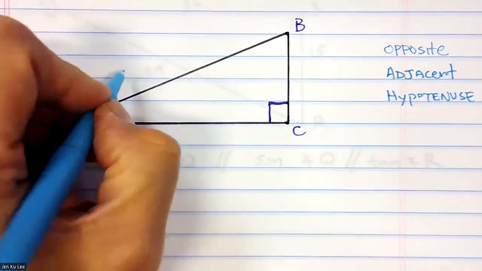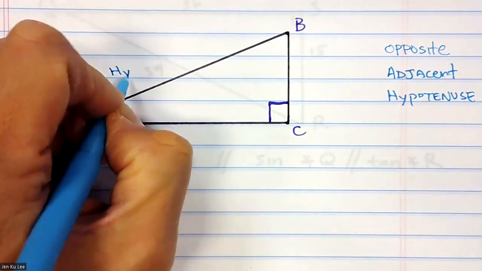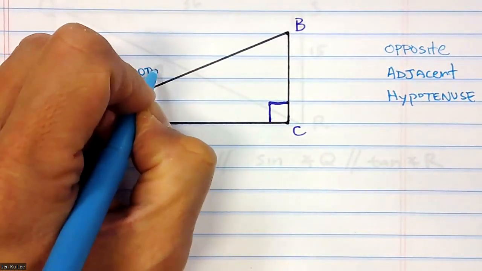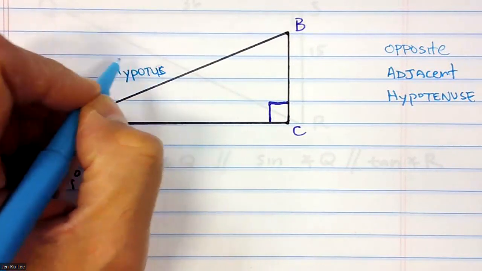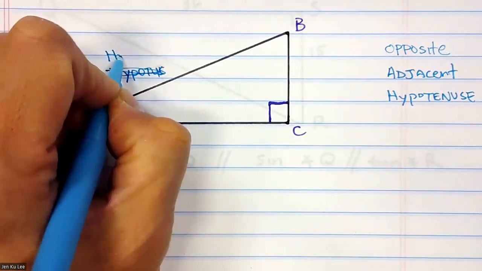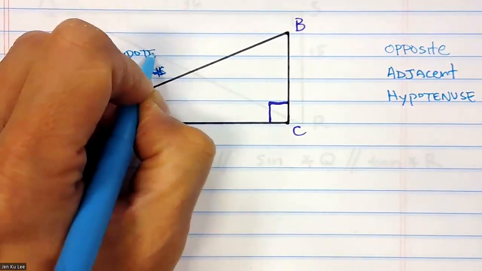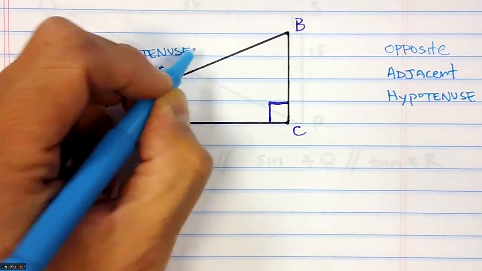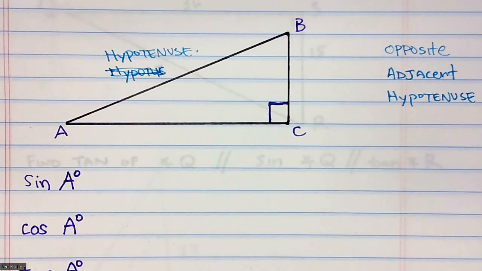AB, right? Because the hypotenuse, spelled that incorrectly, hypotenuse. Okay, that will always be your longest side.